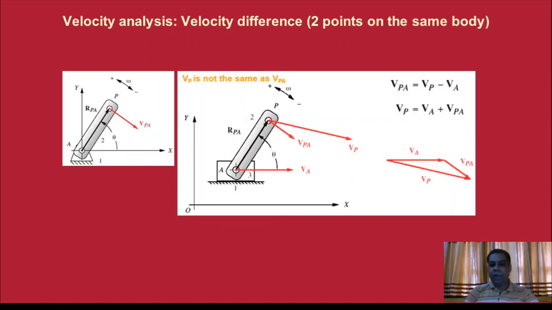Now over here we have to understand that the velocity of P is not the same as the velocity of P with respect to A. That is, Vp is not exactly the same as Vpa. Have you seen what Vp is and what Vpa is?